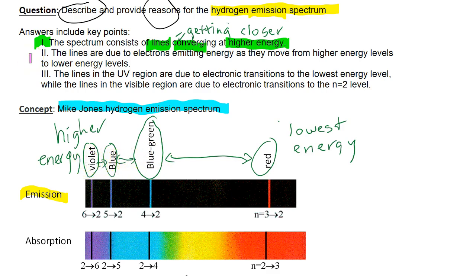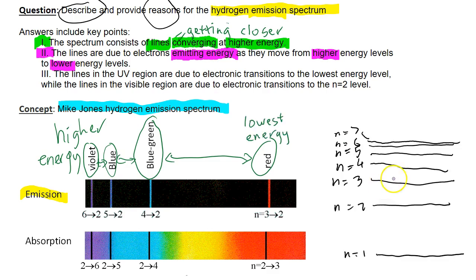The second key points in the answer, the lines are due to electron emitting energy as they move from higher energy level to lower energy. So if you remember the different energy level, n of 1, 2 to 7, when an electron at a high energy level, let's say level 3, move down to a lower energy level, it will then emit, meaning give out, a photon that is a color line.